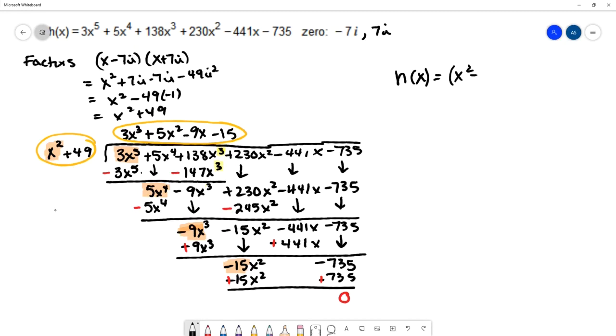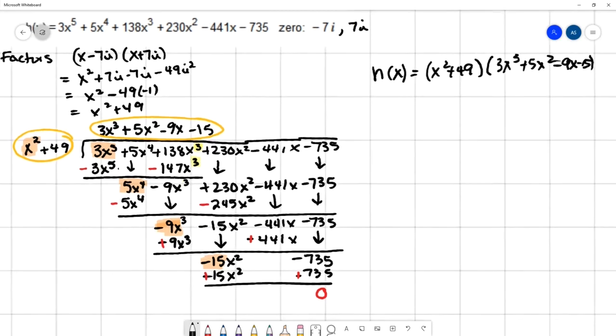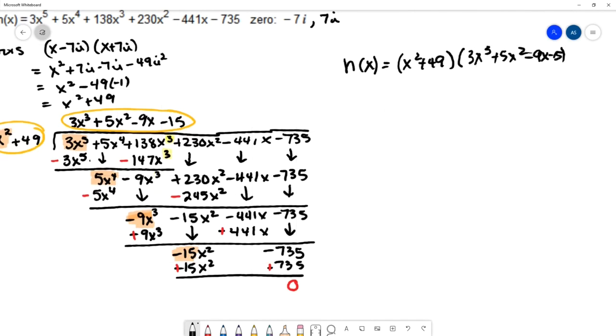That's x squared plus 49 and 3x cubed plus 5x squared minus 9x minus 15. And we want to see if we can break down that 3x cubed plus 5x squared minus 9x minus 15 more so we can find the other zeros. So let's focus in on that, the 3x cubed plus 5x squared minus 9x minus 15.